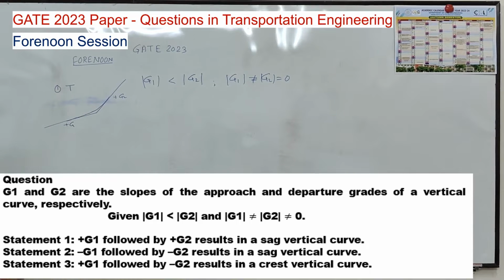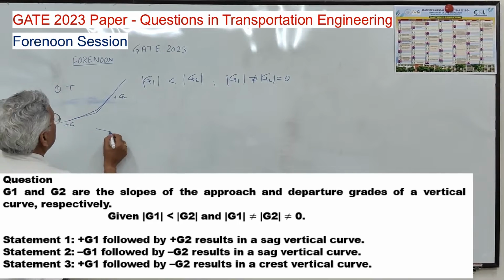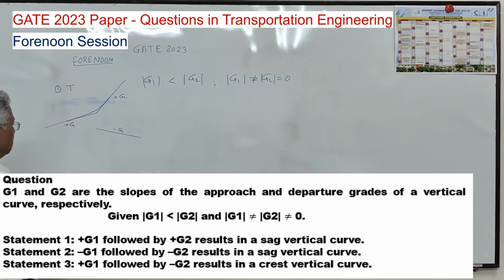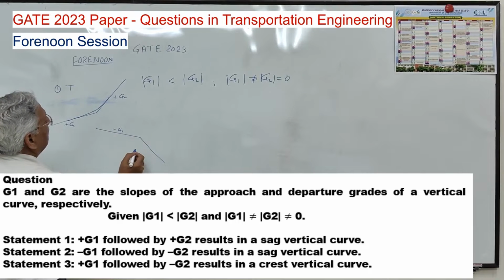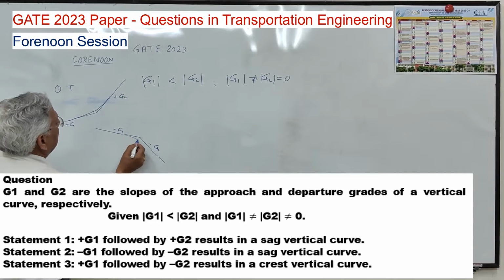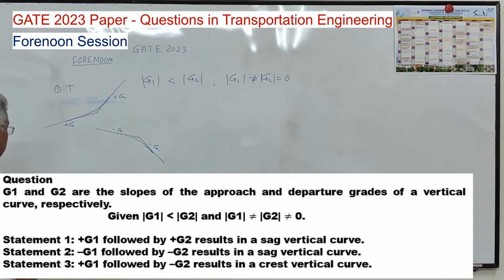Second statement is minus G1 followed by minus G2. Again G2 is steeper. So minus G2 will be like this. It results in a vertical curve. Now the statement says it results in a sag vertical curve. It is not a sag vertical curve. It is a crest.